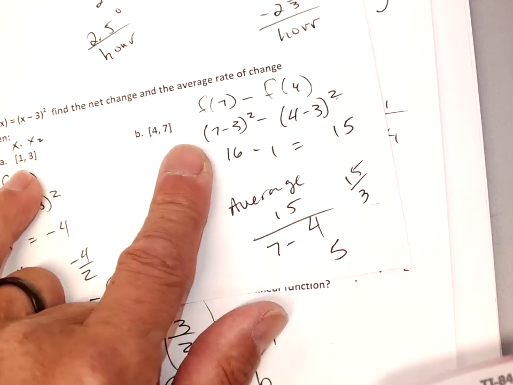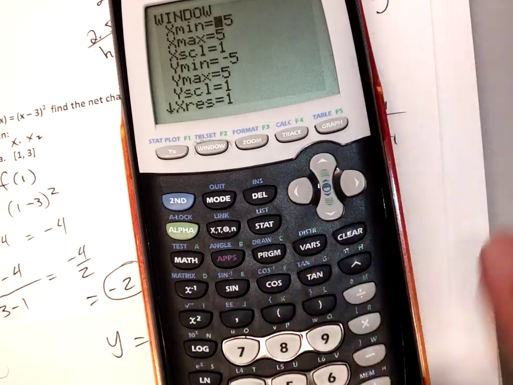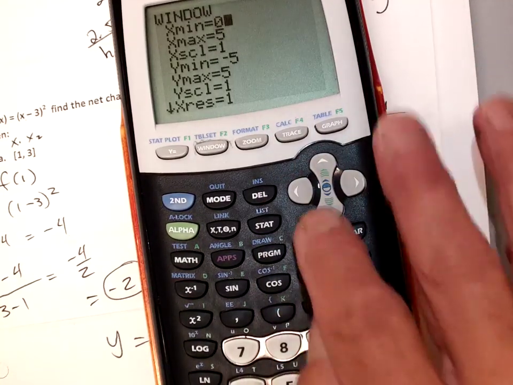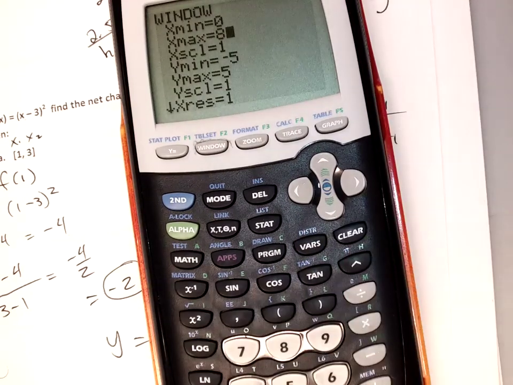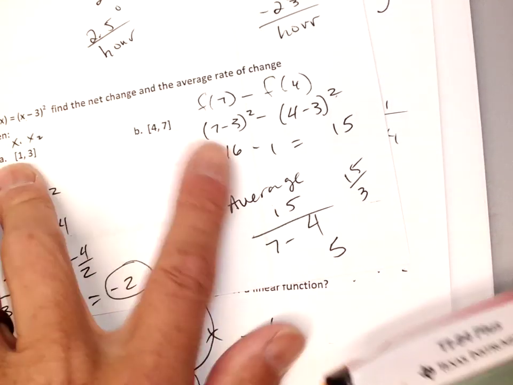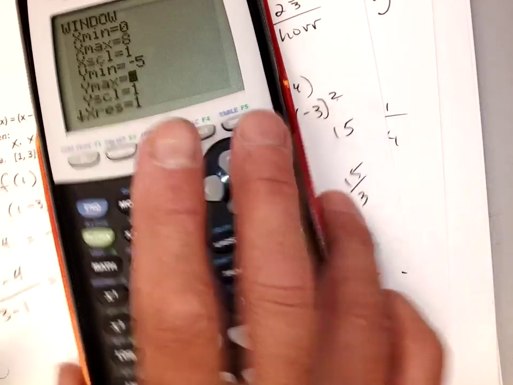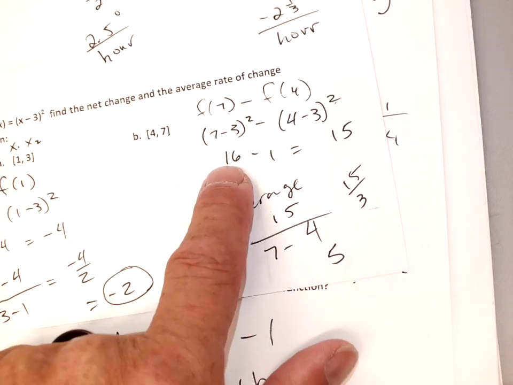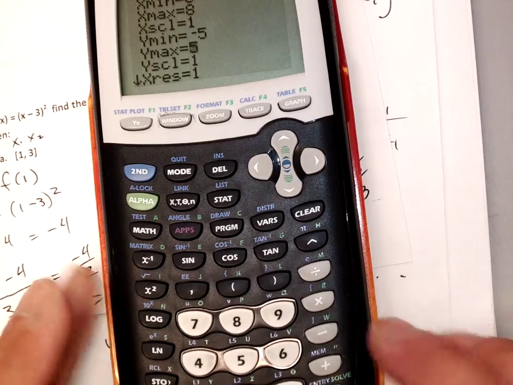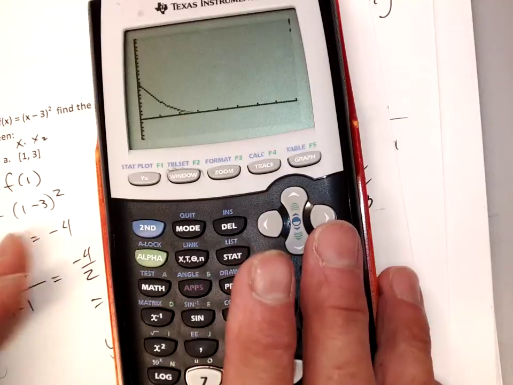So I put my window as 0 to 8, because I want to see 1 to 7, my interval, and see more of it. I know the height of this last one was as high as 16, so I'm going to make sure I'm at least to 16. Maybe I'll make that up to 20. Let me graph it, okay?